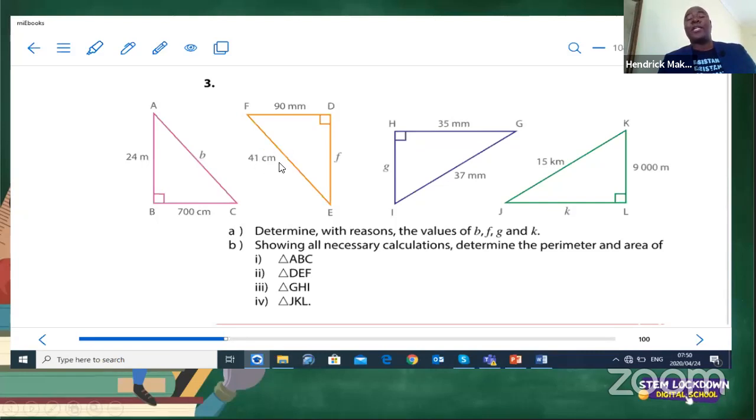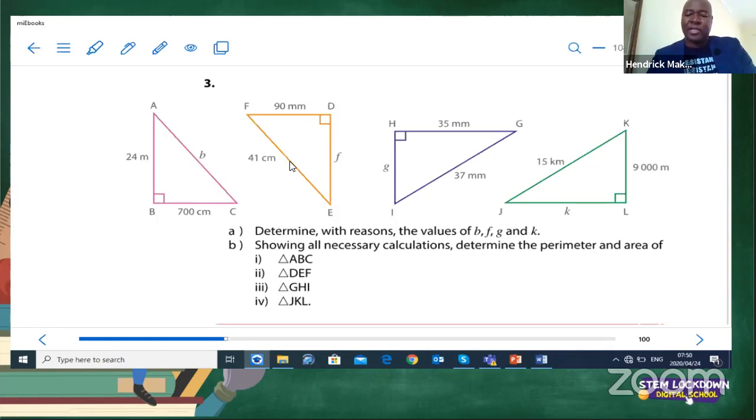Remember, when you convert from centimeters to millimeters, you multiply by 10. And when you convert from millimeters to centimeters, you have to divide by 10.